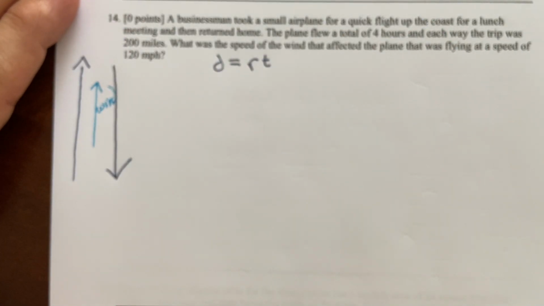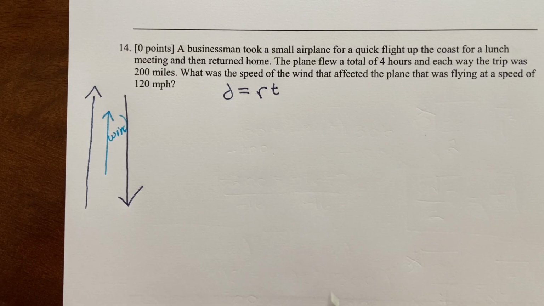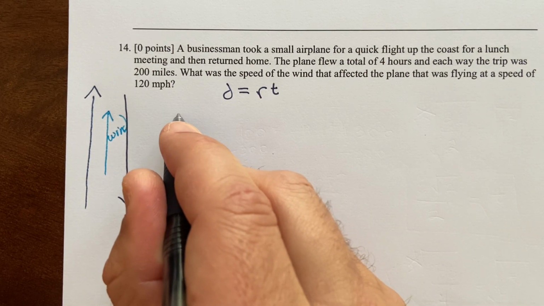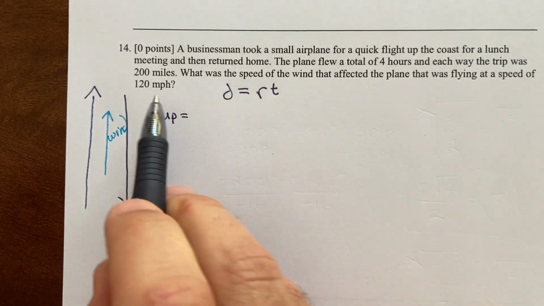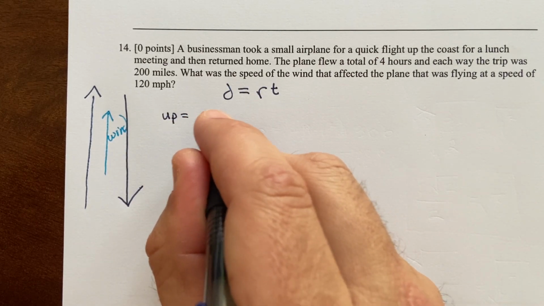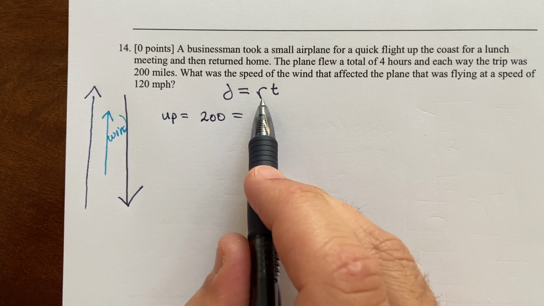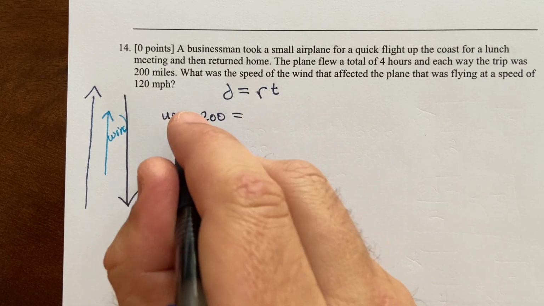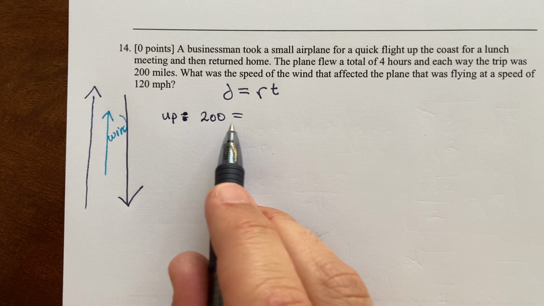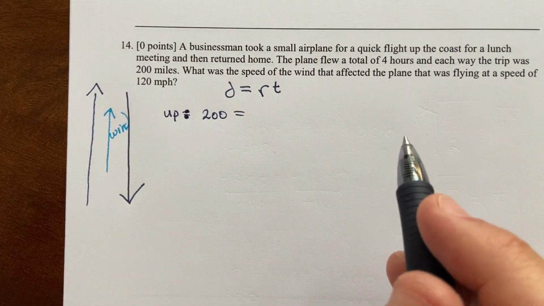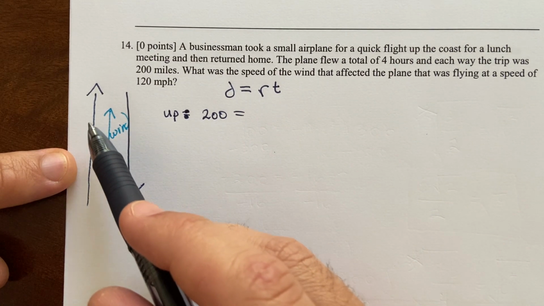Okay. So for the first part of the trip, going up, it would be a distance of 200 miles equals the rate that the plane is going. So I'd have 200 equals the rate the plane is going plus, on the way up, the wind speed, right?